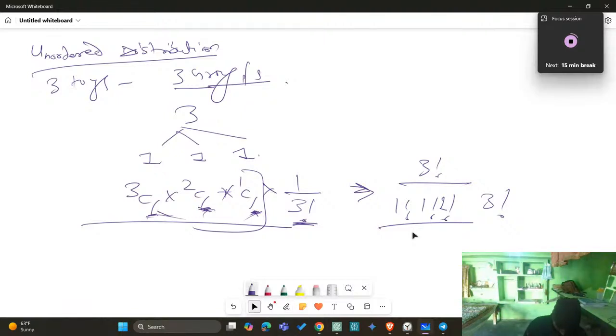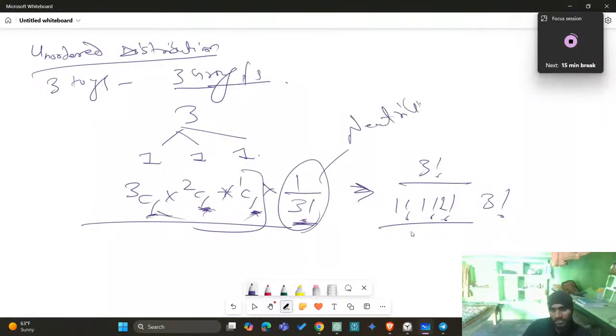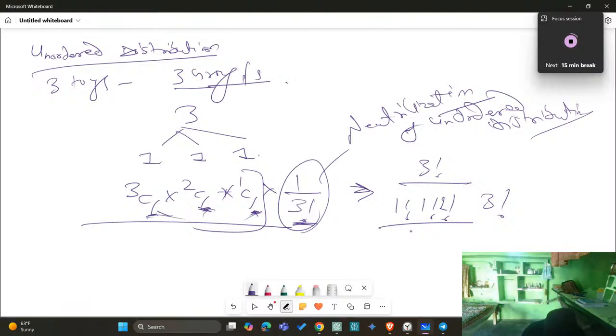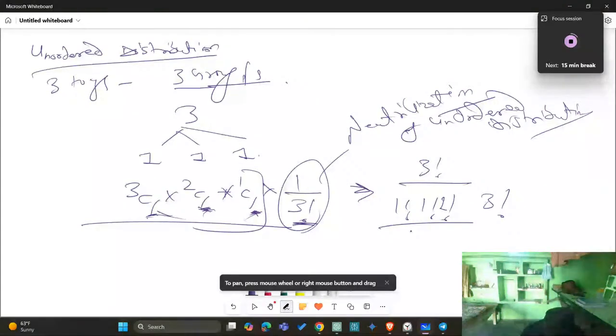One note here, this is for the neutralization of unordered distribution. What we are saying here, guys, is that we don't utilize ordered distribution where we have pre-specified distribution.